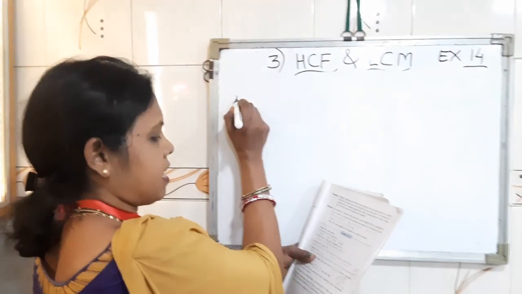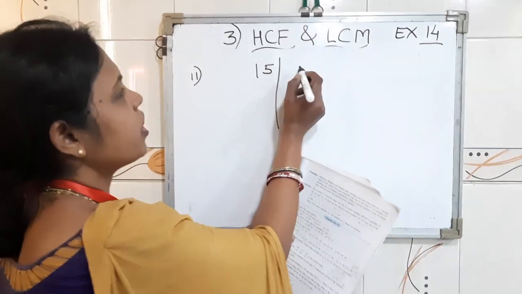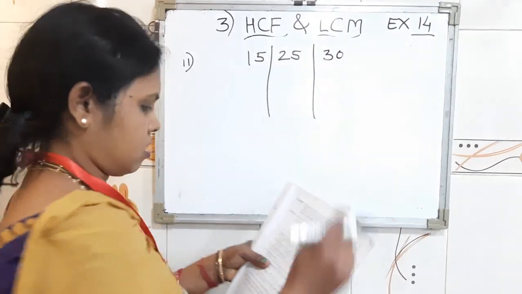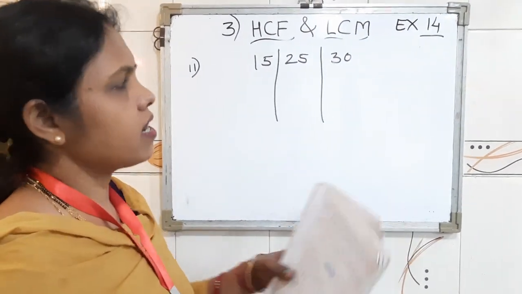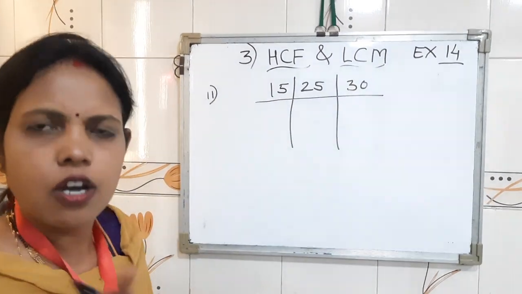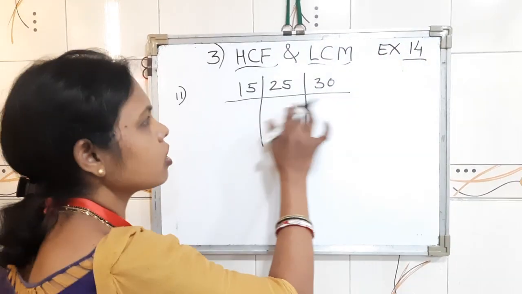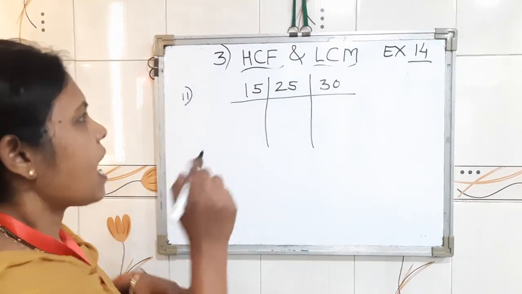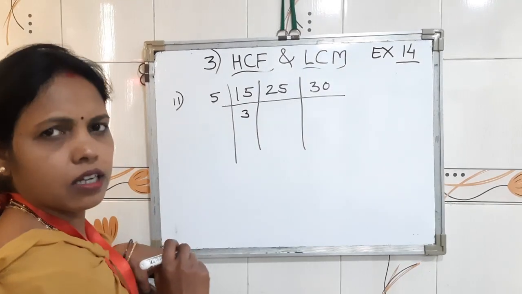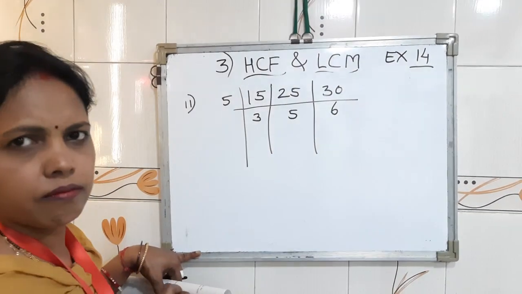Question number 2, 15, 25 and 30. For all these three given numbers, first we will find out the factor which divides all three numbers, and that factor is 5. 5 threes are 15, 5 fives are 25 and 5 sixes are 30.